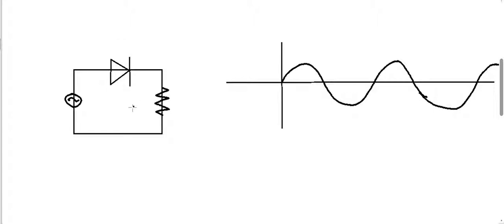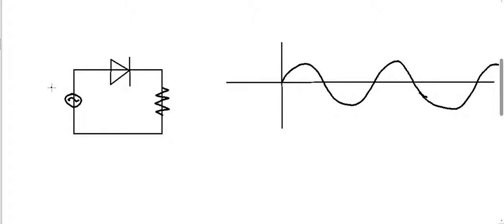What we have here is an AC source, which goes from positive to negative, and I apply a diode in this circuit. So what happens when it is positive?